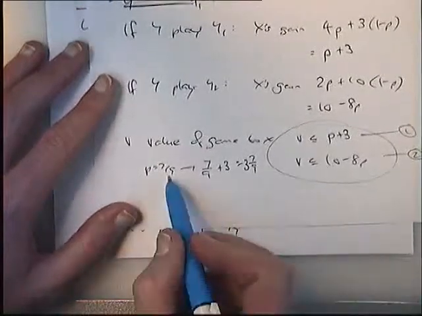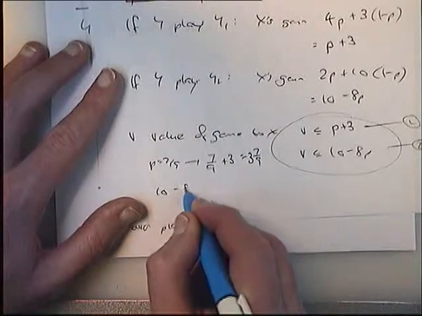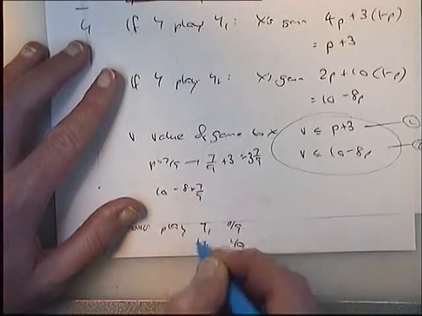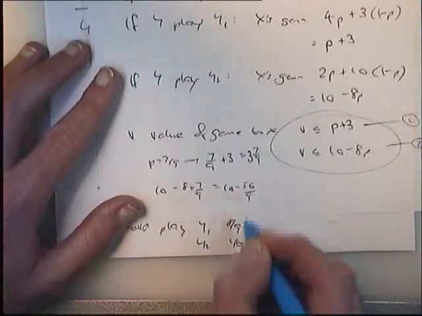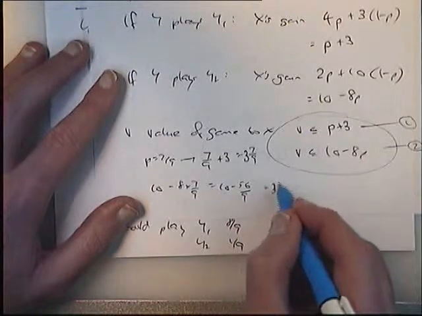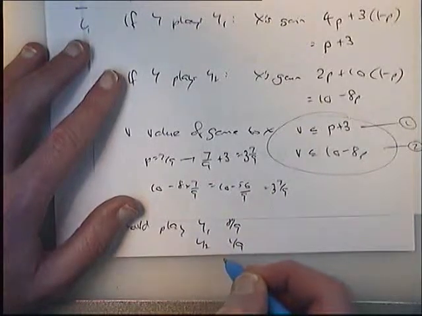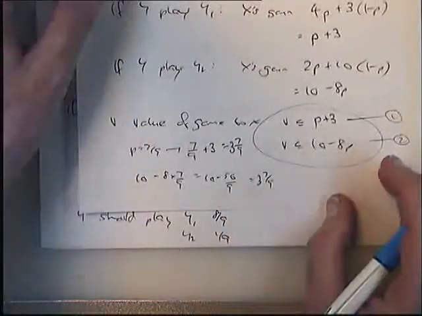Or if I stick this 7/9 into this one, I'm going to get 10 minus 8 lots of 7 ninths, which is going to be 10 take away 56 ninths. And if you work that out, that will also come out to be 3 and 7 ninths. It should give you the same value. So the value of the game to x is 3 and 7 ninths.